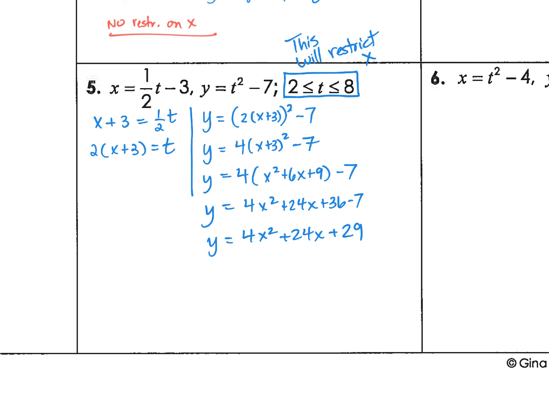Now, let's talk about it. There are no restrictions on x from this equation, are there? That will accept any form of x, won't it? So the only restrictions are going to be from t. Do you know how we figure out what the restrictions on x are? We take this value of t and we plug it in.